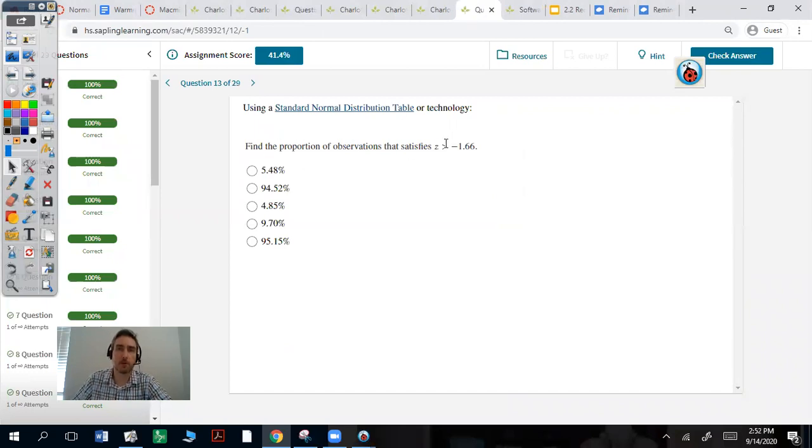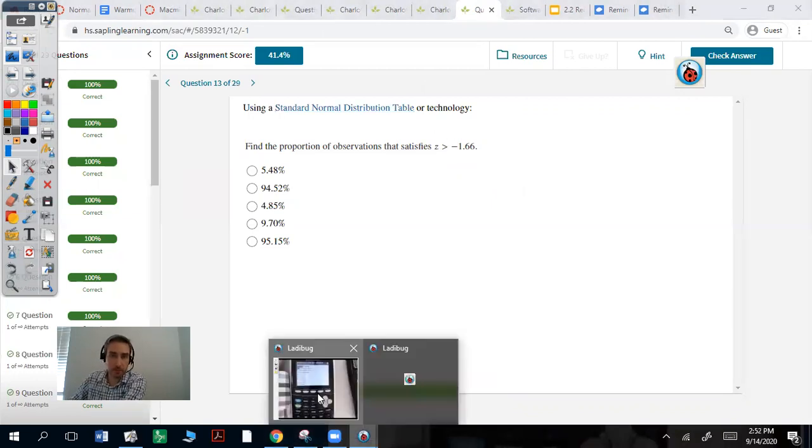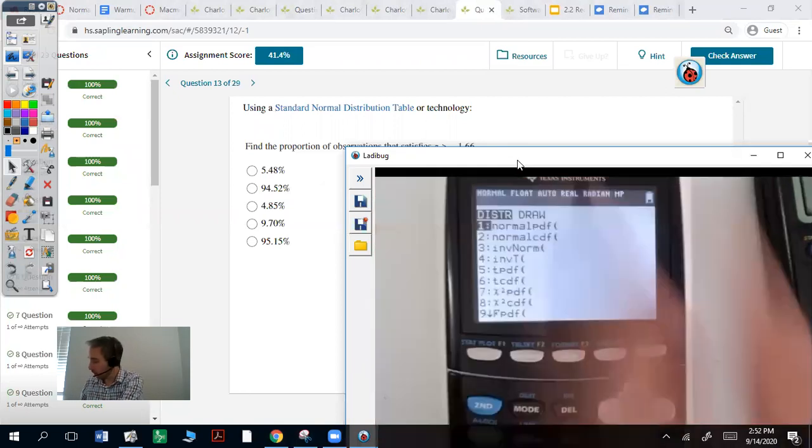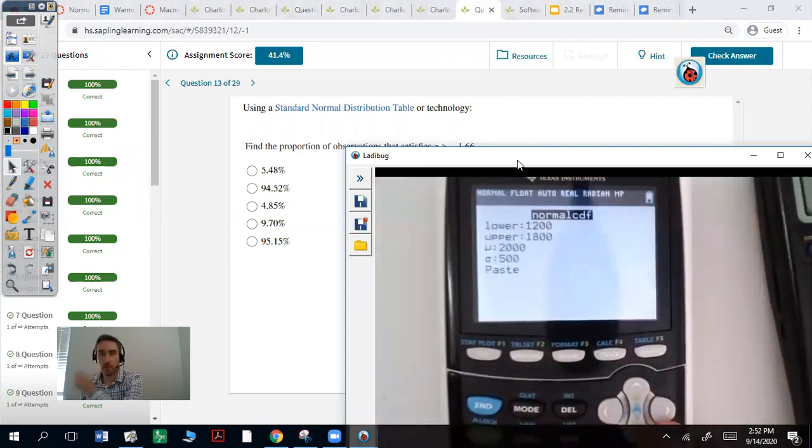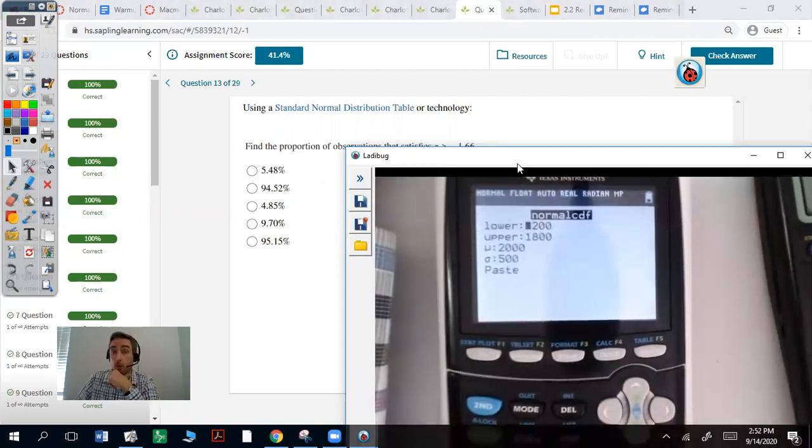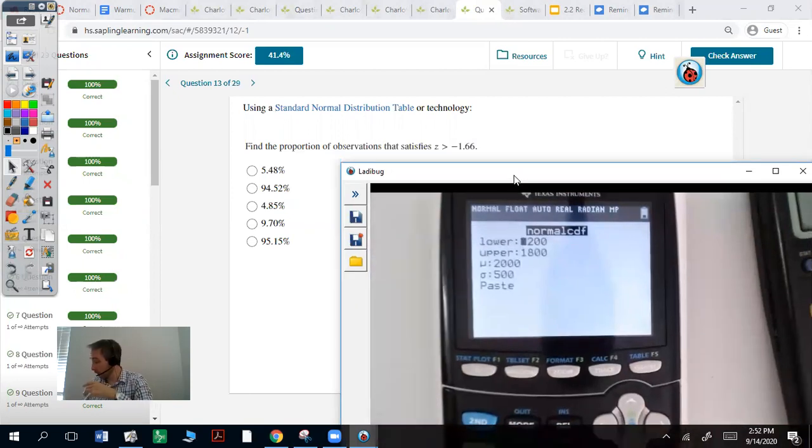So you talk about z-scores. You go to second vars, and when it says z is greater than, you say that your lower bound is -1.66. Greater than means the z is the lower end, that goes higher. So you say 1E99 for infinity.